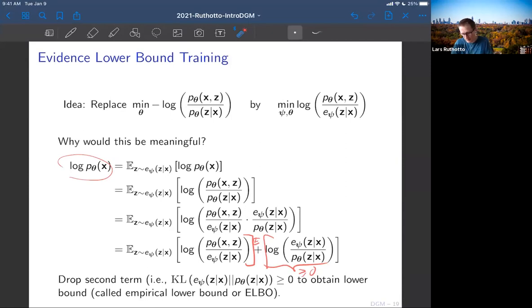But here one thing you can see is that you explicitly still have control over it, so the error that you're making in the approximation will be reflected in your optimization. So with a better encoder, for example, I would expect that you can make this term smaller for any given theta, which simultaneously would make this one larger.